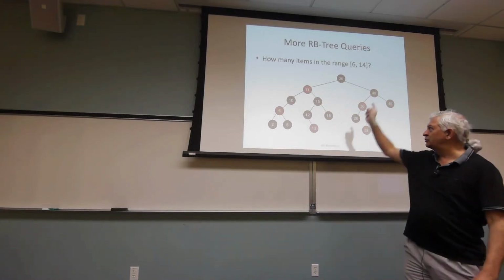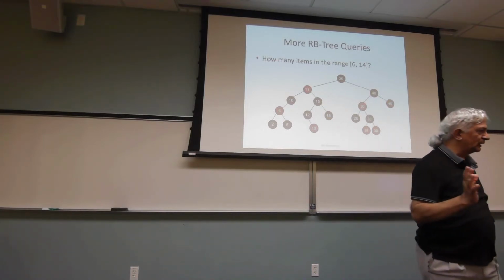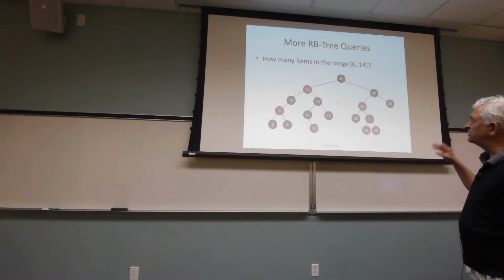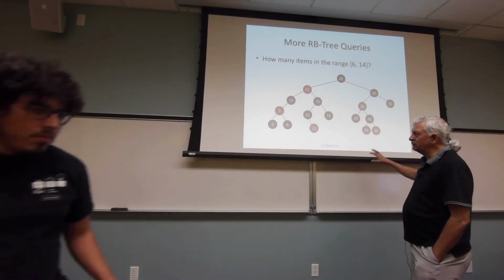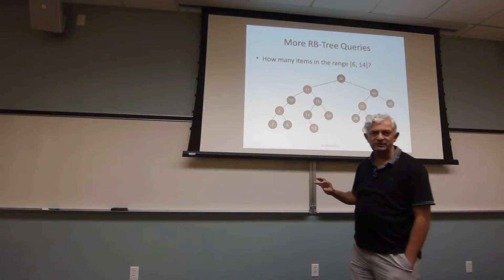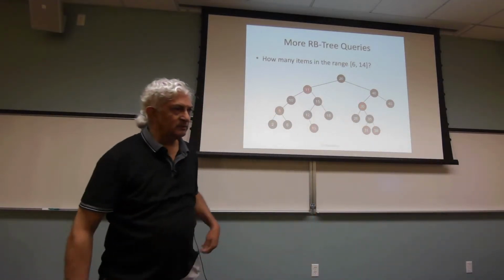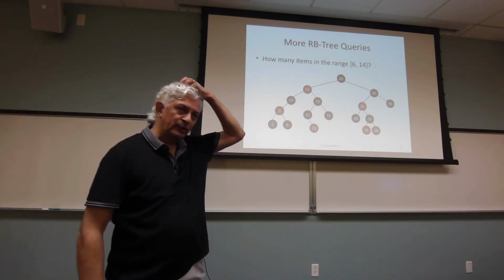But when I ask you a query, I want you to give me answers quickly. And I'm going to ask you a lot of such queries. So this is a query-based system where you are allowed to pre-process the data in whatever way you want, in such a way that you answer range queries quickly.